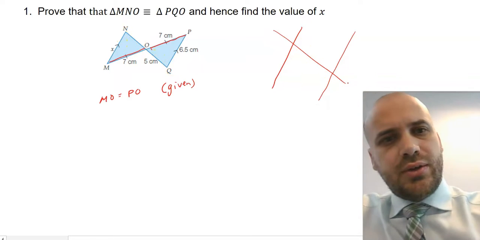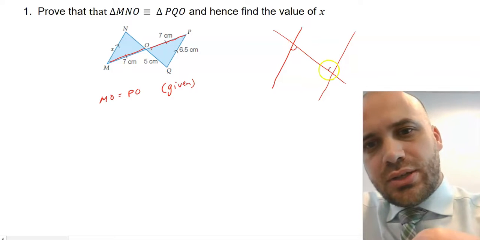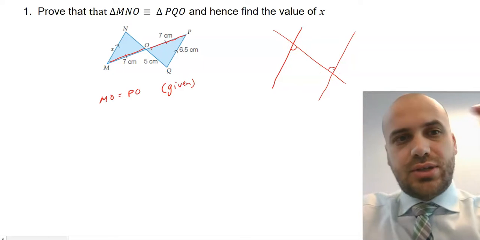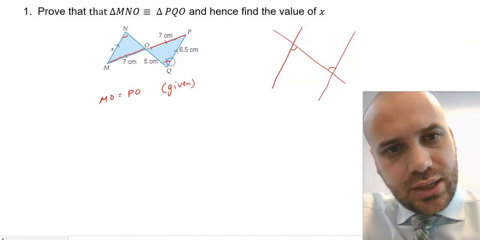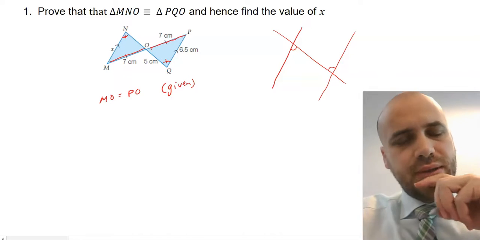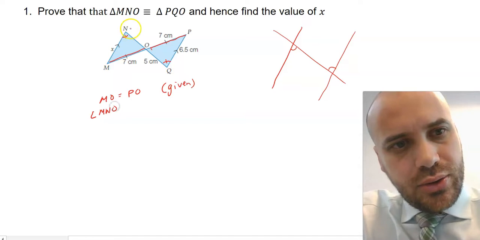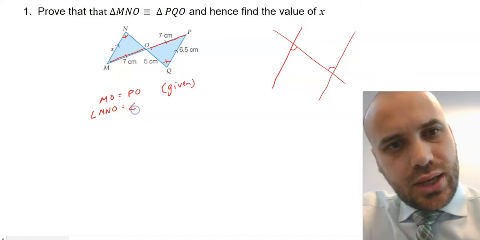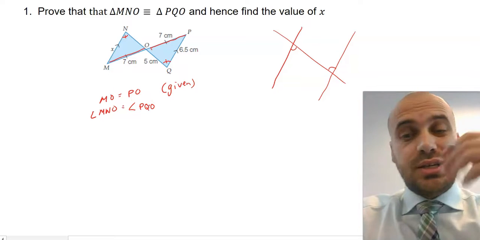So now it should become obvious that using our alternate angles theorem, this angle here is equal to this angle here. Let's do that with a little dash here. So I can say that angle MNO is equal to angle PQO, and the reason is not given.